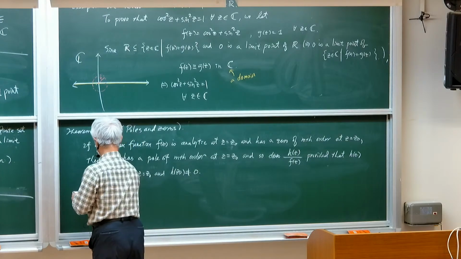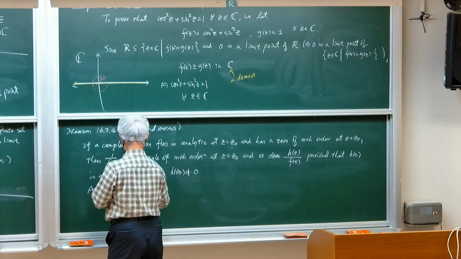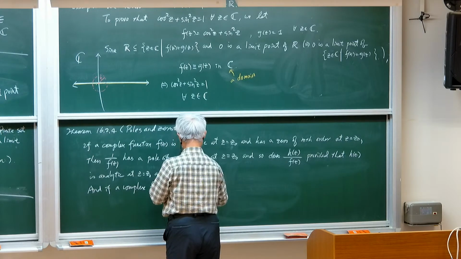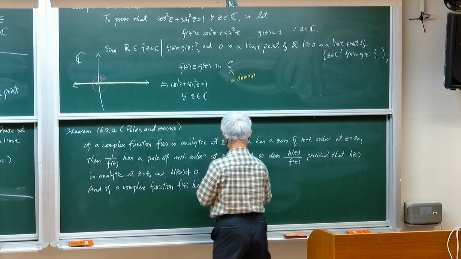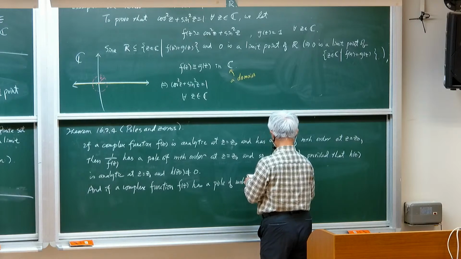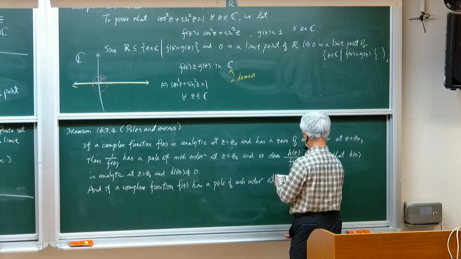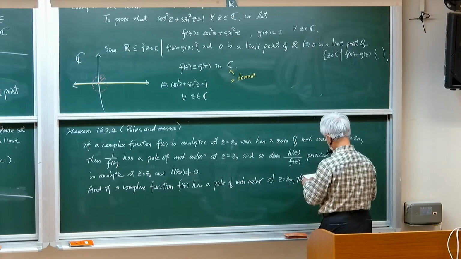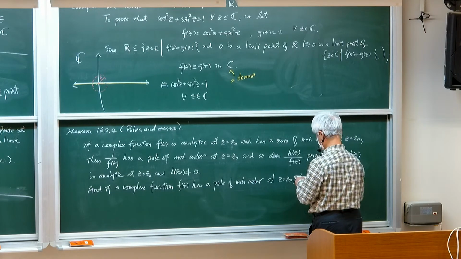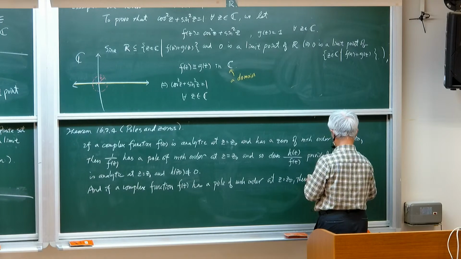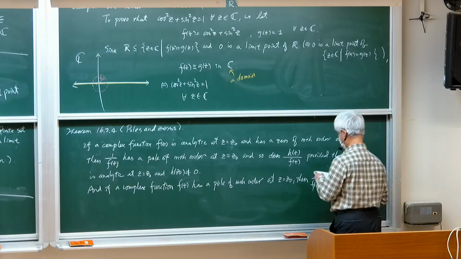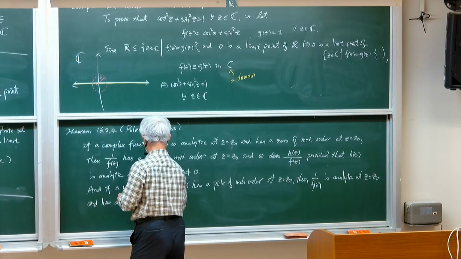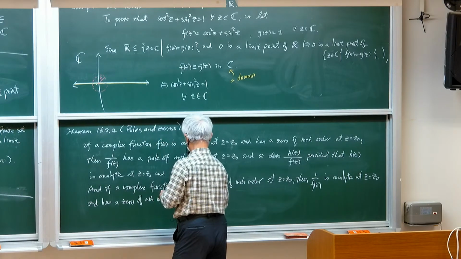Conversely, if a complex function f of z has a pole of mth order at z equals z0, and we know poles are isolated, then 1 over f of z is analytic at z equals z0 and has a zero of mth order at z equals z0.